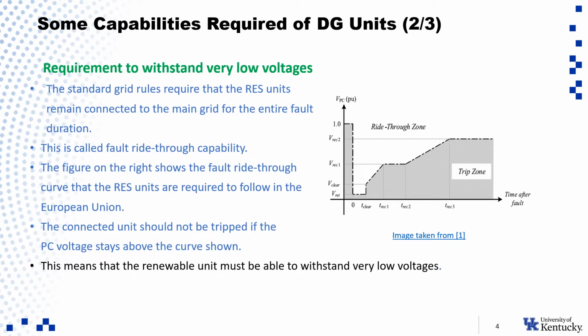Typically 150 milliseconds is the time for fault clearance, and we can see that for at least one third of this time the voltage gets very low, and the requirement is that the connected unit should not be tripped if the PCC voltage, or the point of connection voltage, stays above the curve shown. So for one third of this 150 millisecond time the RES units are required to withstand these very low voltages.